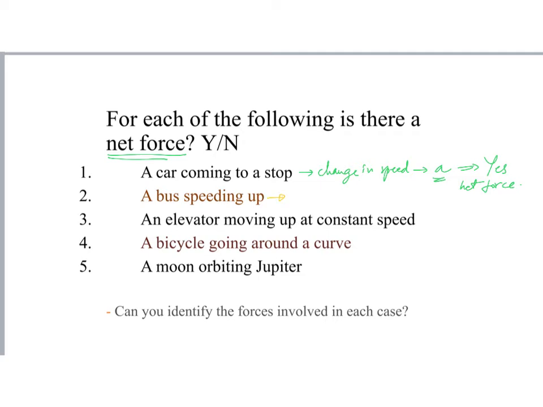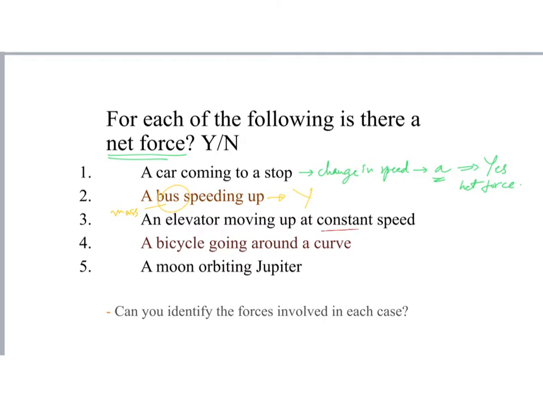All right. How about a bus speeding up? Pretty much the same idea. So we have a big yes. The speed changes, it increases, even though we don't have any information about the direction. So the speed changes, therefore the velocity changes, therefore there is an acceleration, and that means, because the bus has a mass, we have a net force. How about an elevator moving up at constant speed?